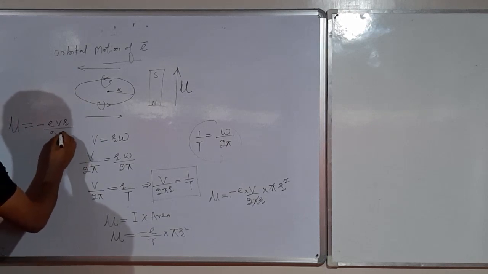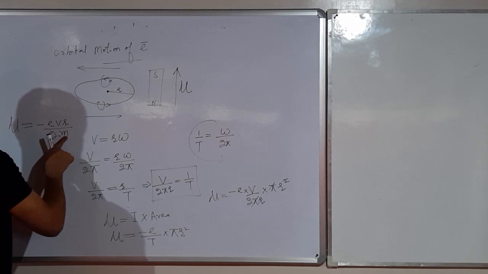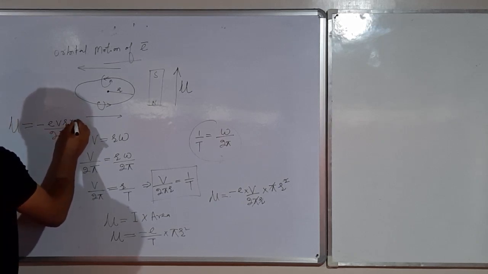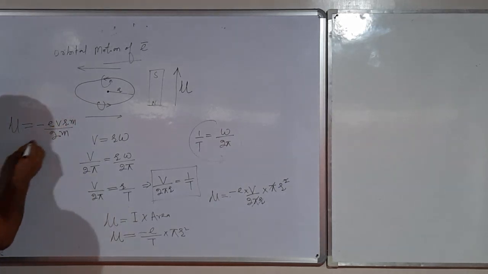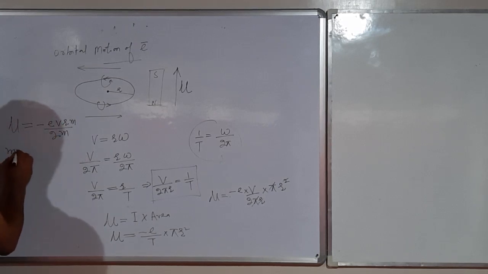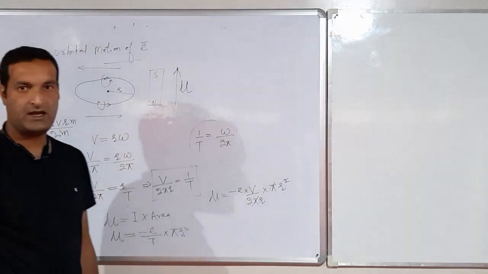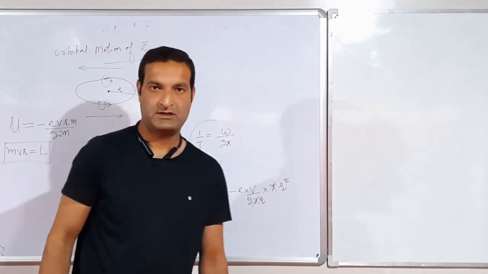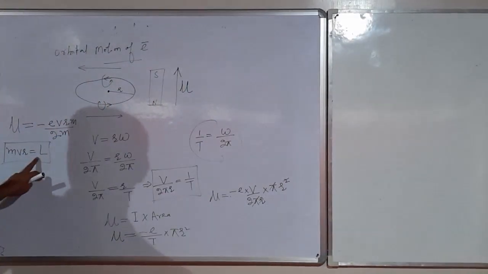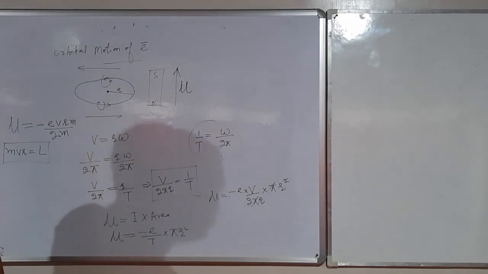If we multiply and divide by m, the mass of the electron, then m v r is equal to L, the angular momentum, which is a quantum mechanical and measurable quantity.